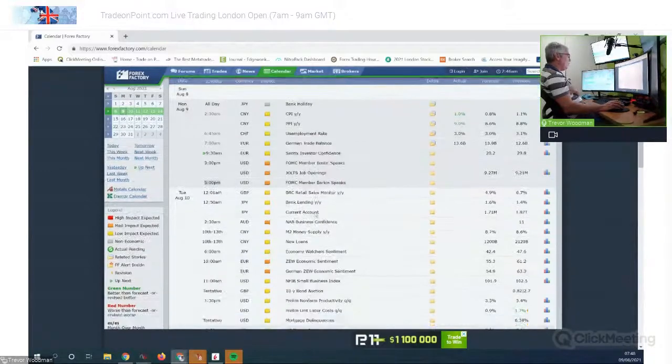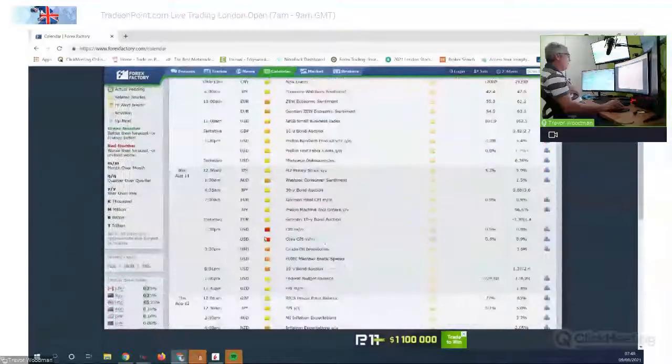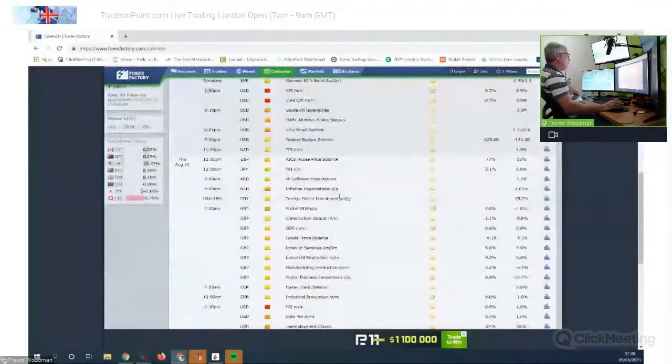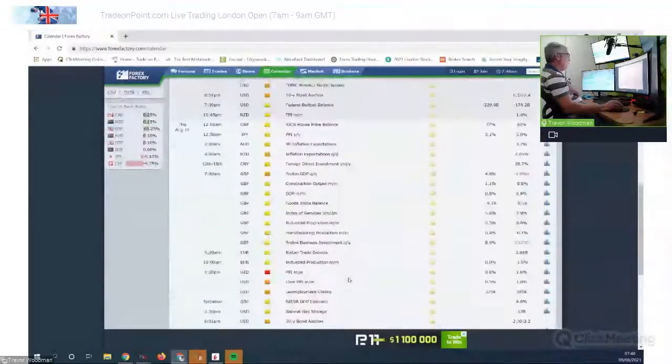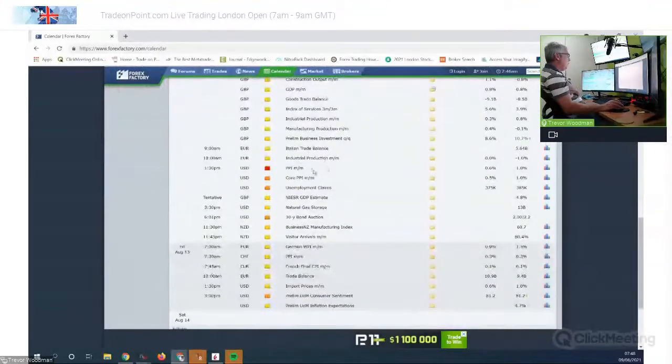Nothing really on the cards for Tuesday. Wednesday, obviously CPI, core CPI. Put that into your calendars now. Coming out at 1:30, and that's 1:30 London time. And then moving on to Thursday, not a lot going on Thursday. PPI coming out in the late afternoon or early afternoon London time.